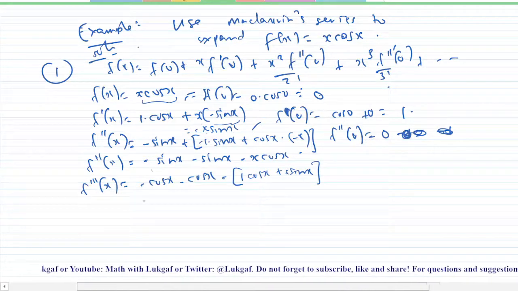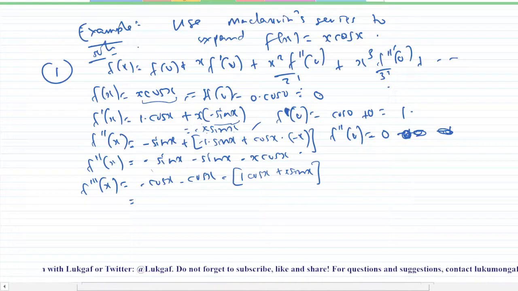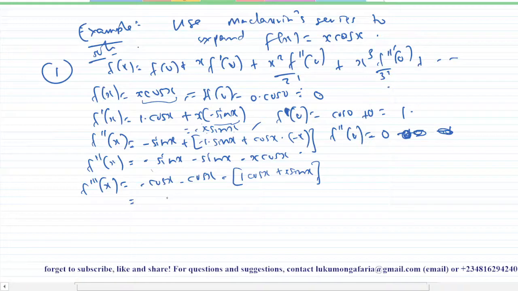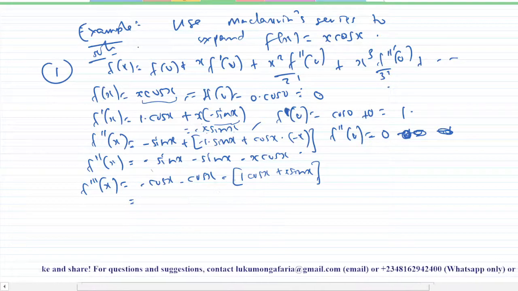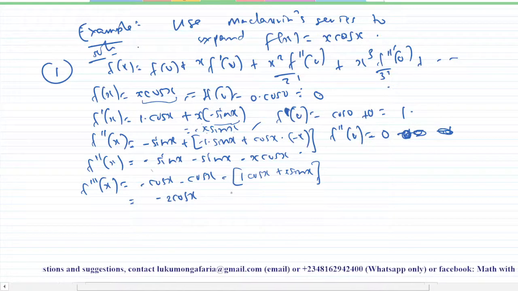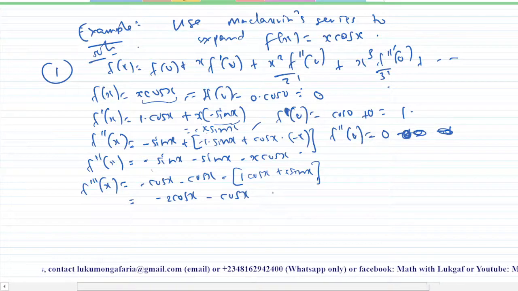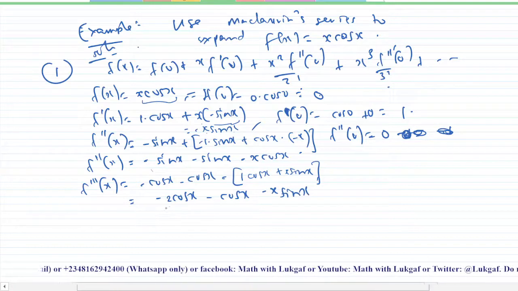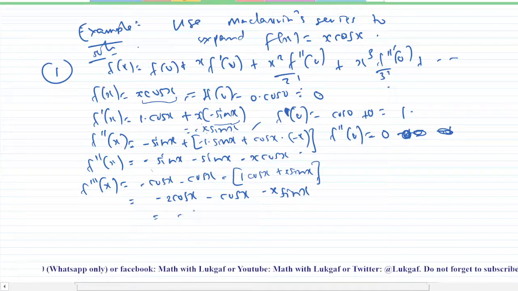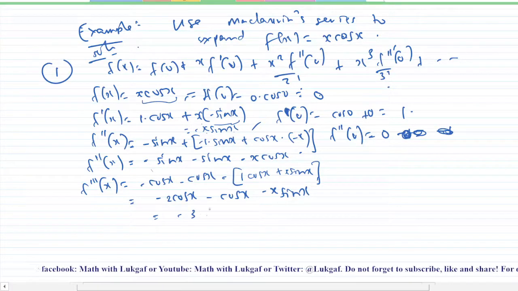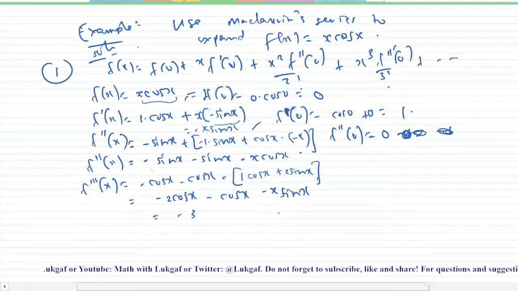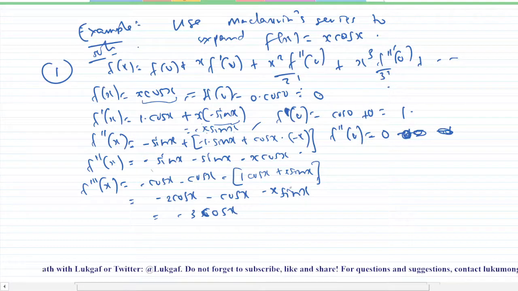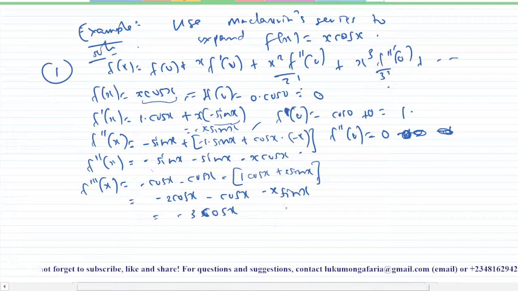So let me rewrite it better. This will give me minus 2 cos x minus cos x minus x sin x. If you simplify it further, minus 2 cos x minus another cos x will give you minus 3 cos x. You understand now? So minus 3 cos x, then minus x sin x.